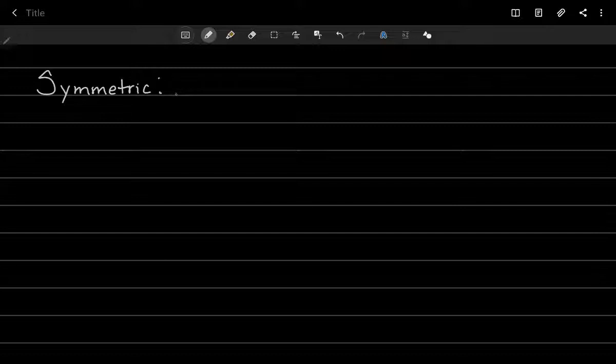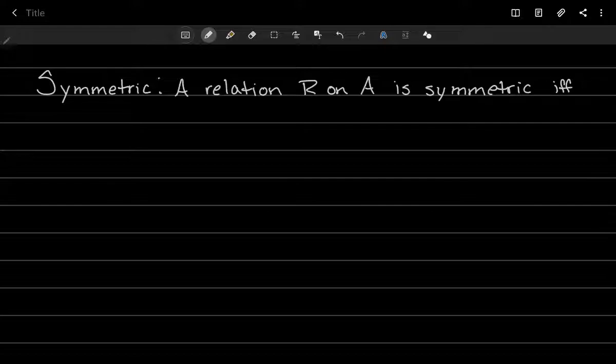All right. So here we go. A relation R on A is symmetric if and only if, because it's a definition. Here's what it takes to be symmetric.